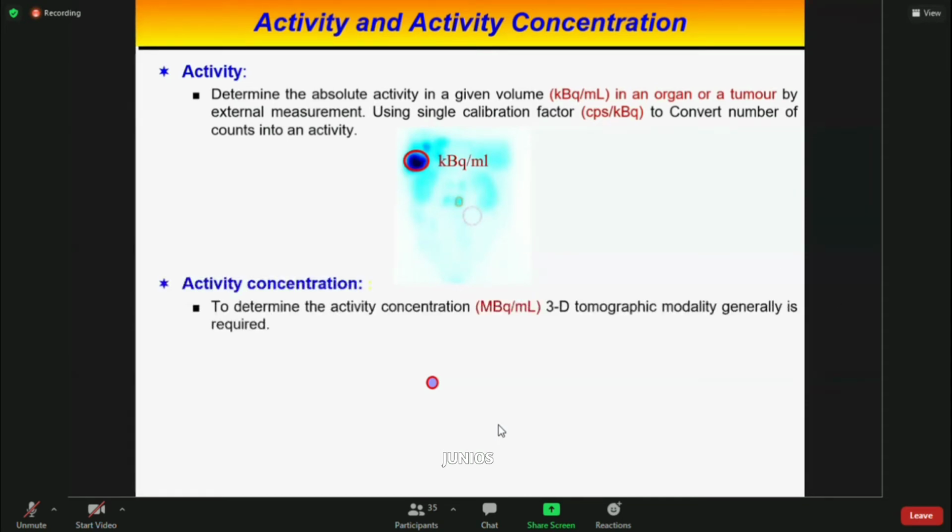A single calibration factor, that is CPS per megabecquerel, can be used to convert a number of counts into an activity value regardless of location of the ROI in the image.